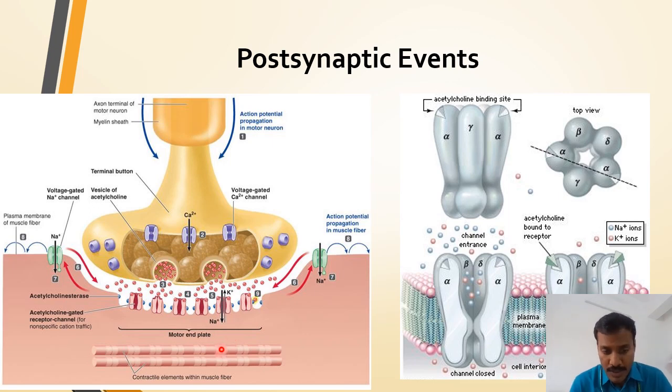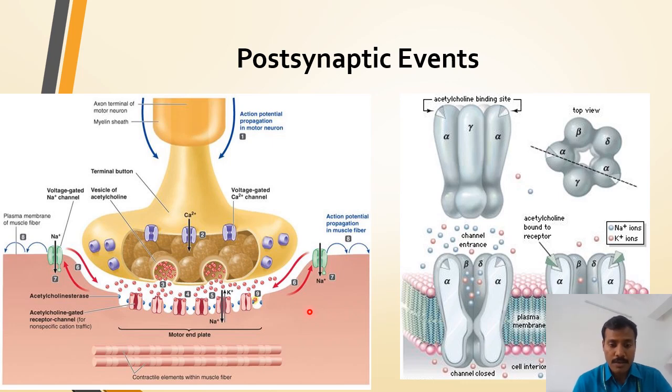Once that end plate potential reaches the firing level, there will be opening of the other channel, which is called the voltage gated sodium channel. So there will be entry of sodium into the end plate membrane that produces the action potential, and the action potential spreads throughout the muscle membrane.